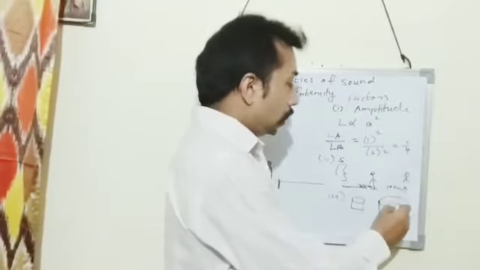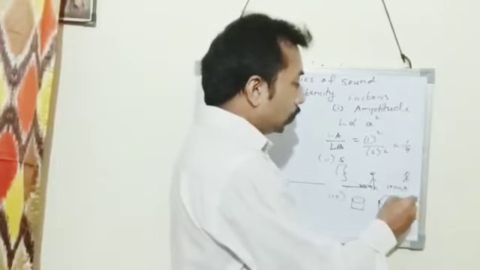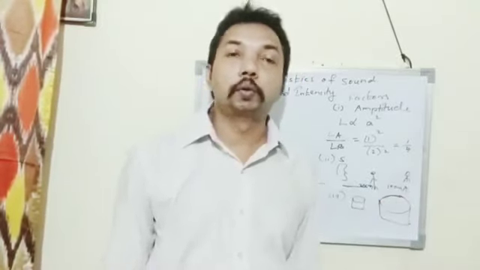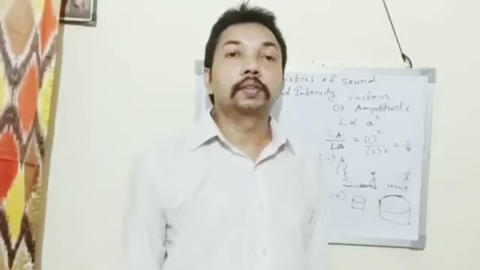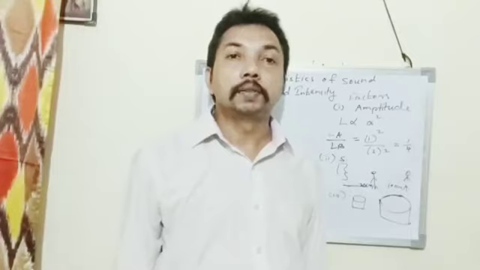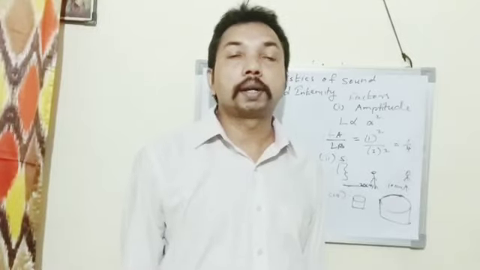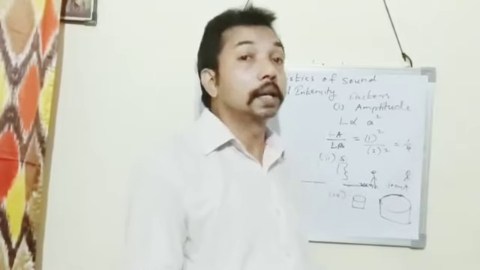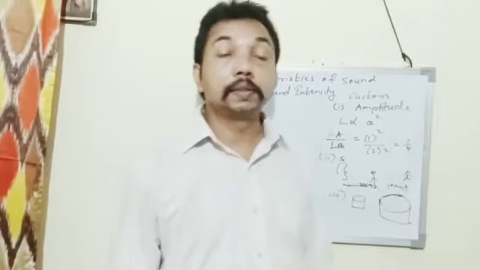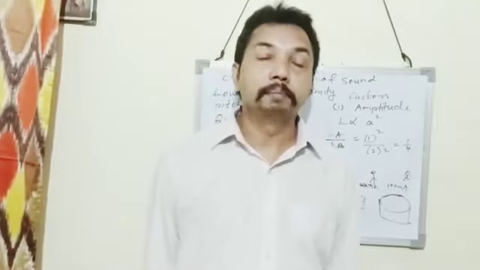The drum with the larger surface area will make the louder sound. So we can say that loudness is directly proportional to the surface area. Greater the surface area, greater is the loudness. Then another factor is the density of the medium.